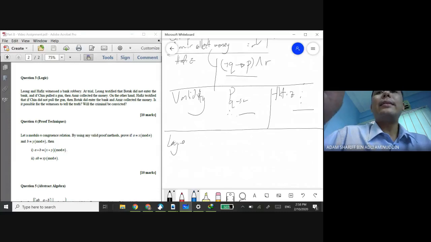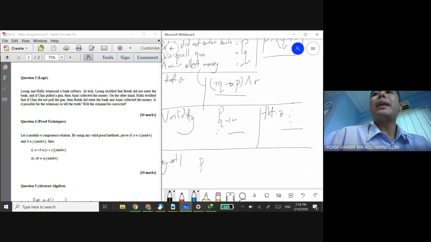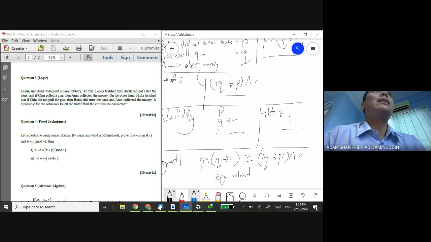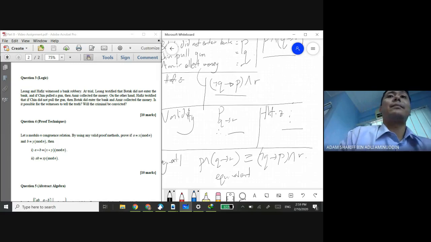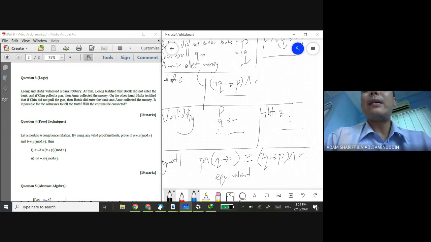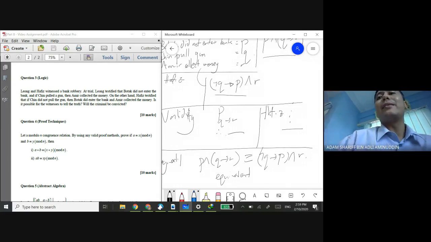Actually, this can also be done by showing whether P and Q implies R is equivalent with not Q, P, and R. You try to check whether it's equivalent or not. If it's not equivalent, then maybe the judge thinks their statements are conflicting, so the criminal will not be convicted. For the validity, some of you guys get that it will not be convicted as well, because it does not have a valid statement somewhere here. Okay.